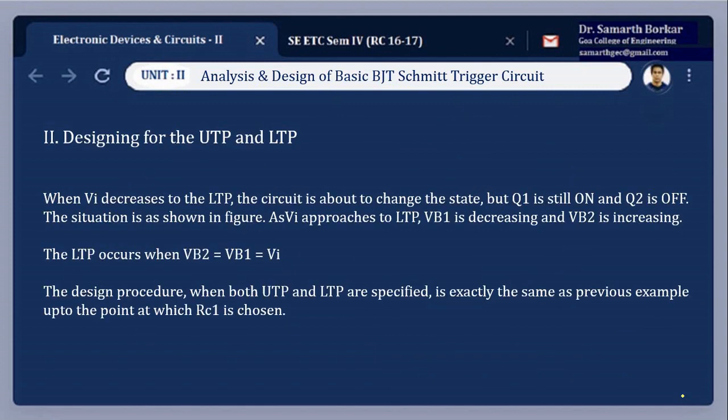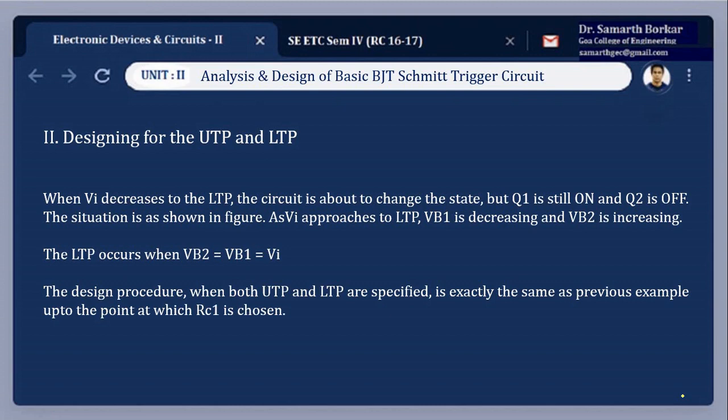Now next scenario, wherein we have to design the circuit for both UTP as well as LTP. Now when Vi decreases to the value of LTP, the circuit is about to change state, but Q1 is still on and Q2 is off. This is what we have explained in the previous slide. As Vi, the input signal, approaches the LTP, the lower triggering point, VB1 is decreasing and VB2 is increasing.